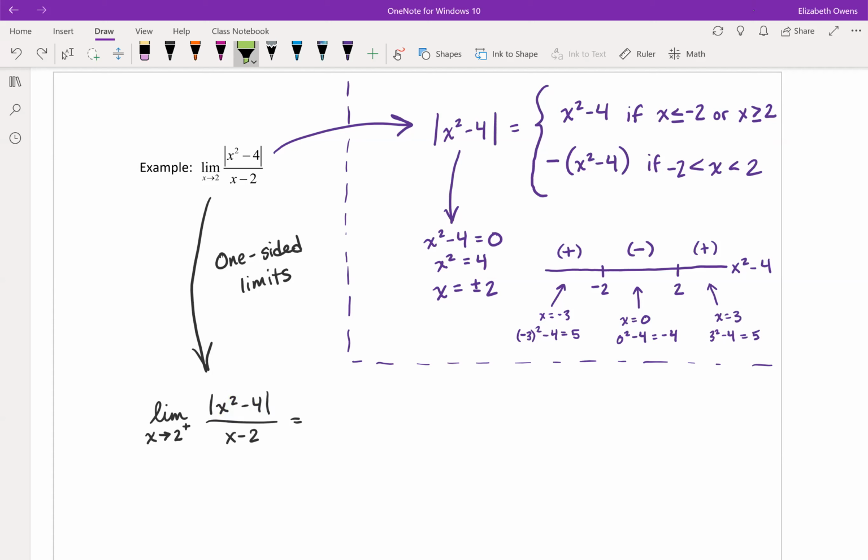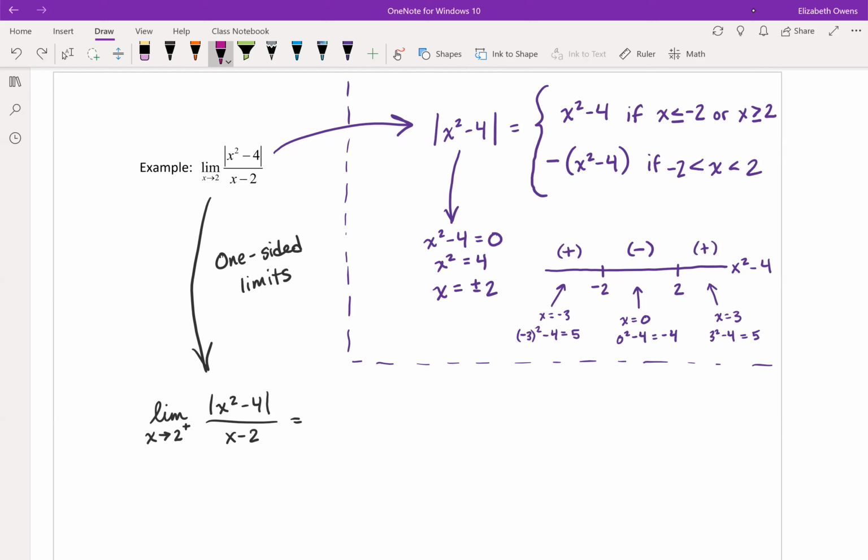Okay, so let's see which part of the piecewise function we are going to be in, if we're going to be in this portion or if we're going to be in this portion. The key to deciding that is looking at the one-sided limit that we're taking. x is approaching 2 from the right. So we want to pick something that is to the right of 2.